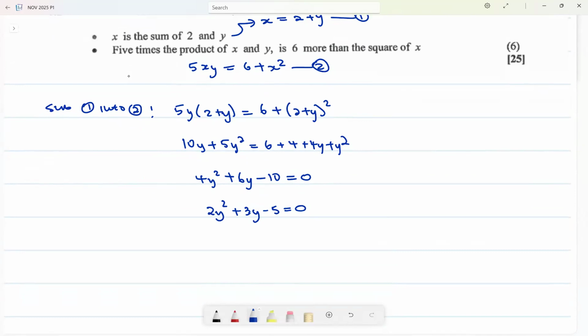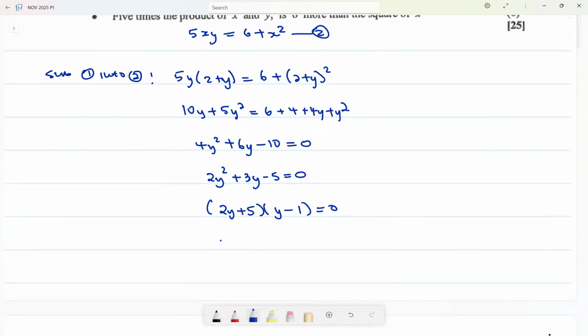It should be 5 and 2. So it's going to be positive 5 and negative 2. So it's going to be y minus 1. So it's going to be 2y squared minus 2y plus 5y minus 5 is equal to 0.